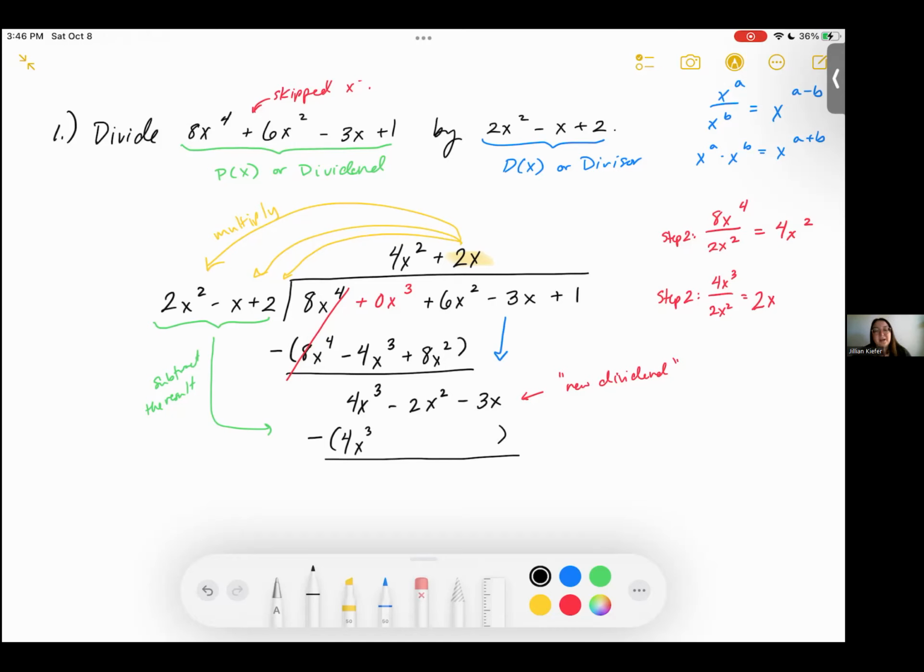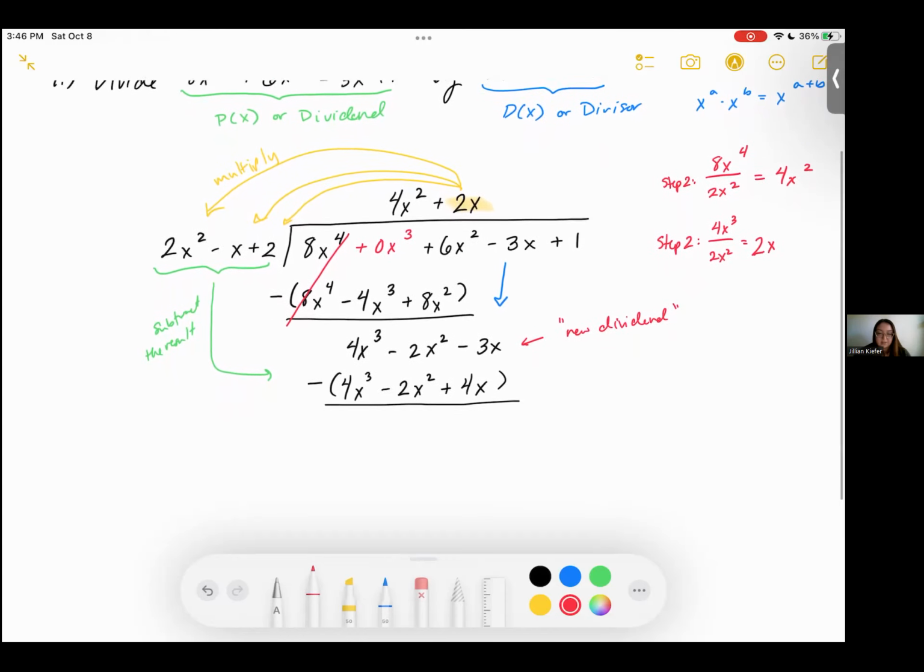All right, then we have 2x times negative x. So 2 times negative 1 is negative 2. And x to the power of 1 times x to the power of 1 makes it x to the power of 2. Then we have 2x times 2, which gives us plus 4x. All right, we're going to subtract the result now.